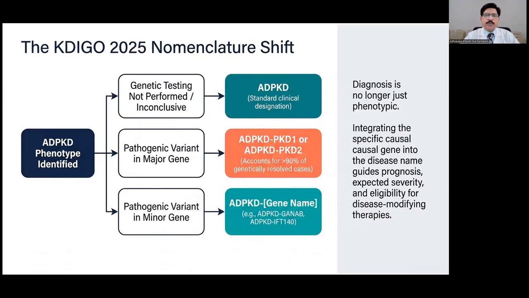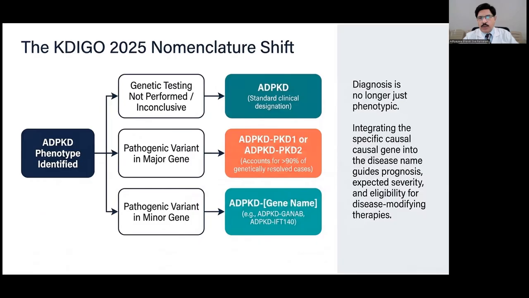Now let us see the ADPKD phenotypes. What are the three types we have? First, genetic testing not performed or inconclusive: use the standard clinical designation, you call it ADPKD. Where no genetic testing has been done, you have diagnosed a kidney cystic disease. Second is a pathogenic variant in a major gene. What are the two major genes?